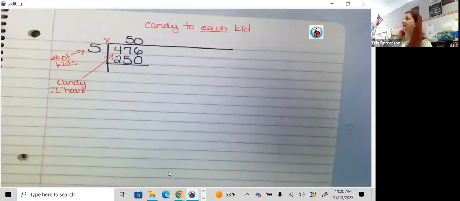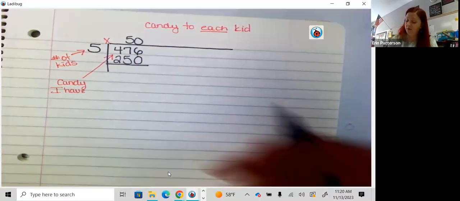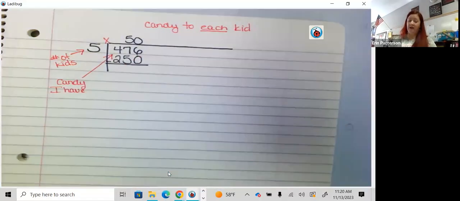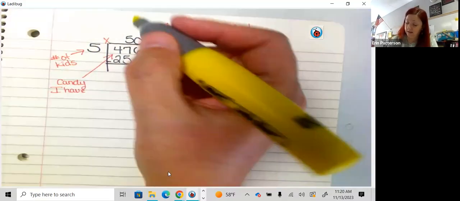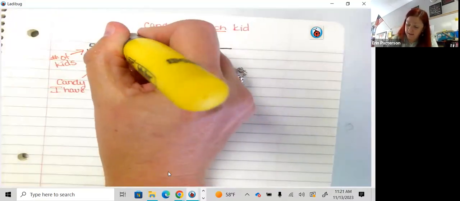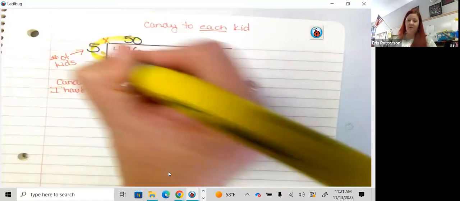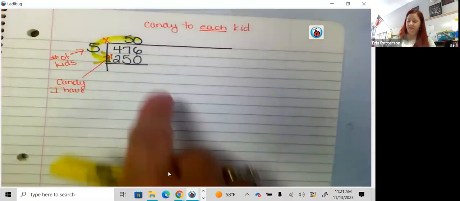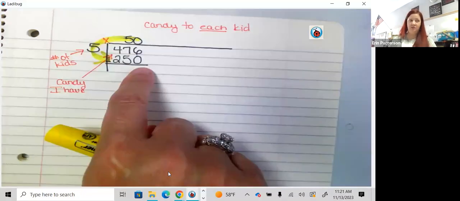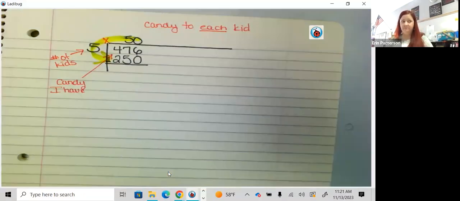And now what am I going to do? Yes, I'm going to subtract to see how much I have left. I'm going to highlight right here because I want you to see 50 times 5. That's where these numbers come from. 50 times 5 is where that 250 comes from. Do it with us.